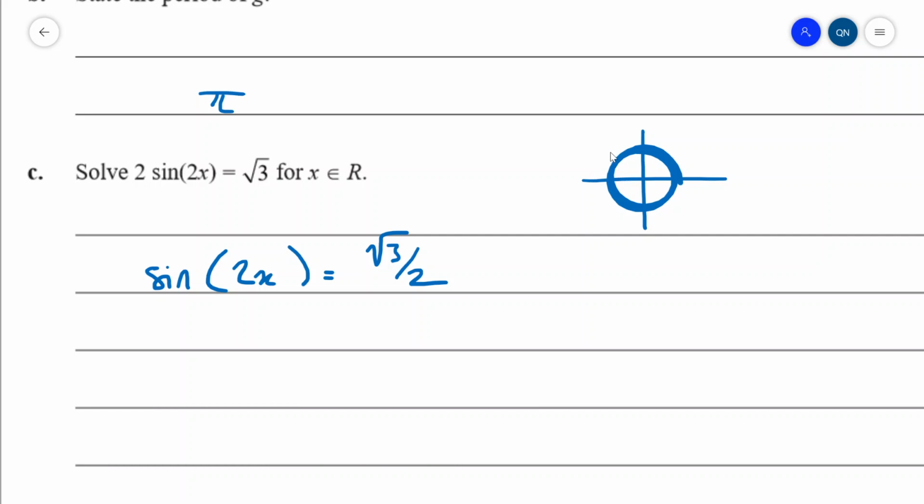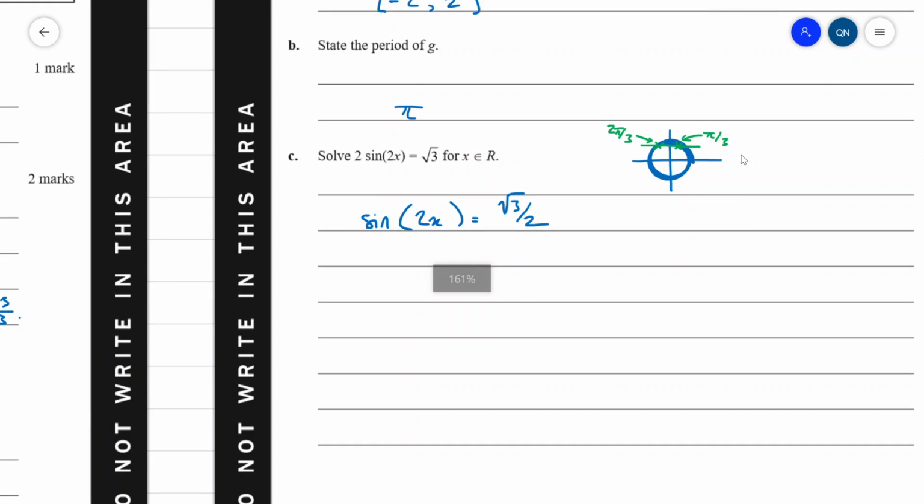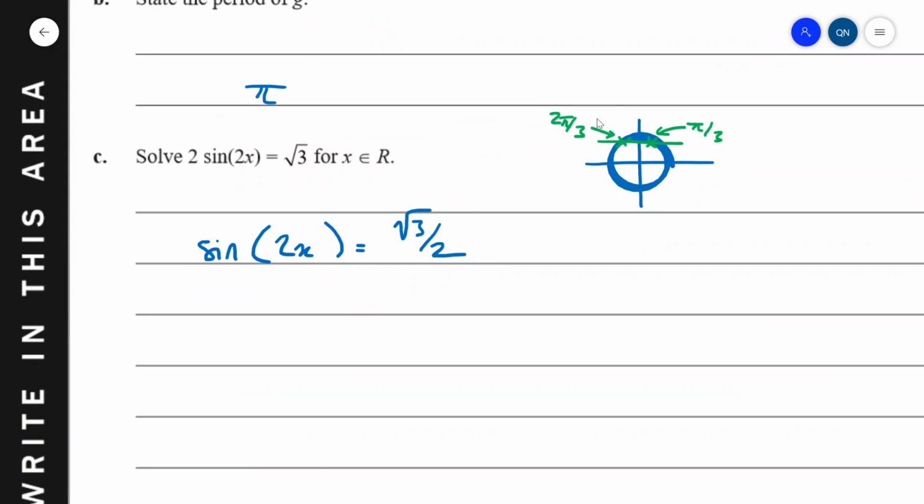It's pretty close to 1. So you're taking a look at the y values all the way up over here, right near the top. So these 2 angles over here, what are the 2 possible values for those 2 angles? Well, it's going to be pi on 3 and 2 pi on 3. So make sure you know your unit circle well. It comes in very handy to be able to find angles very fast in exams. Okay, so we have those 2 angles.